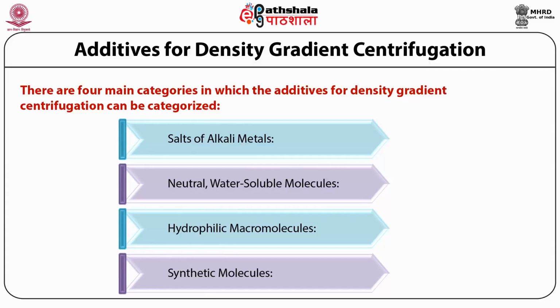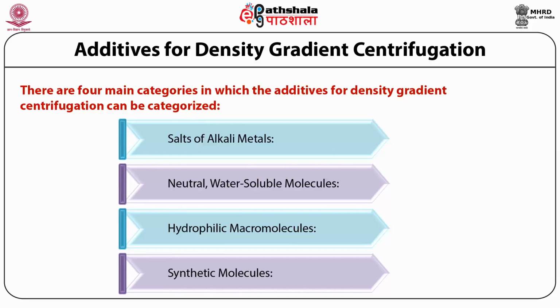So let's discuss first the salts of alkali metals. These solutions fulfill almost every requirement for being a good medium. With high ionic strength, intramolecular hydrogen bonding in protein and nucleic acid protein complexes can be impaired by the chaotropic effect. Hence, such salts are mainly used during the separation of DNA and RNA.